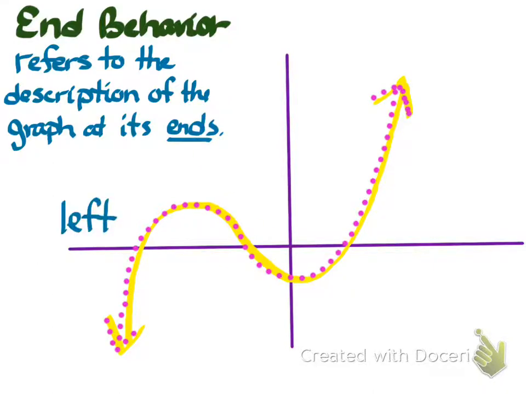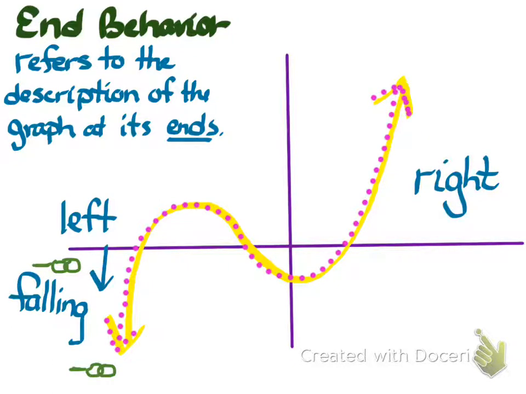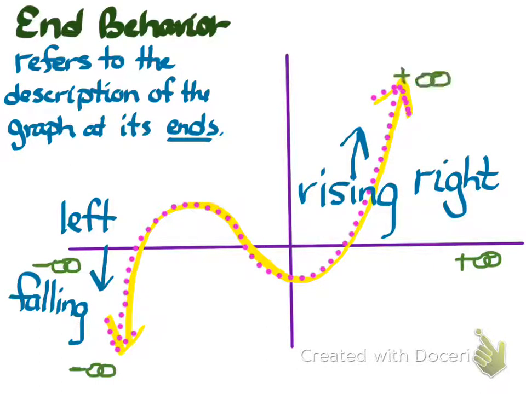So on the left side here, we say that as x goes to negative infinity, or to the left, the graph is falling. As you go to the right, or positive infinity, the y value is rising, and we call that positive infinity. Notice this is going to negative infinity, this is going to positive infinity. Okay? And the notation there, this is where it gets a little tricky.